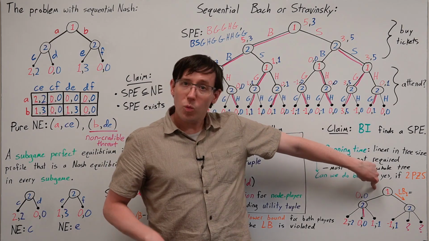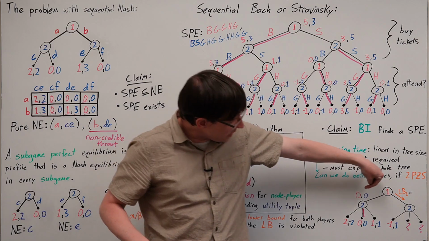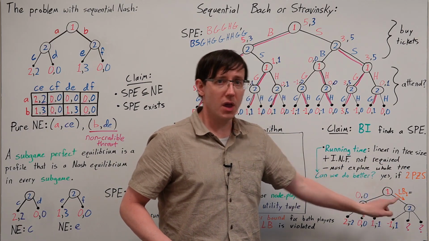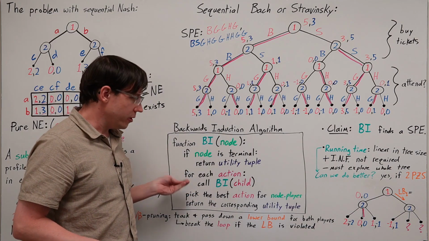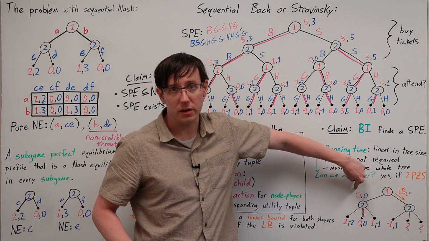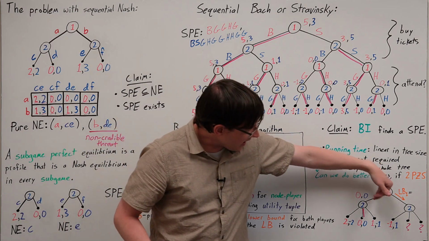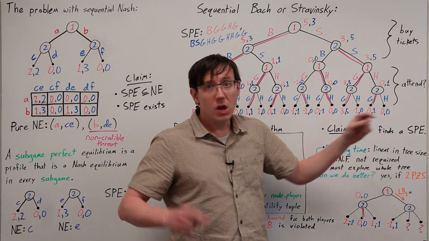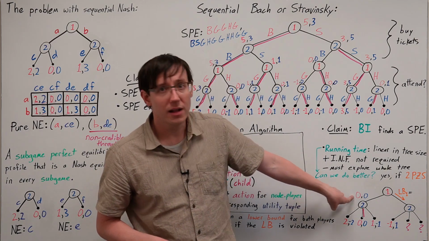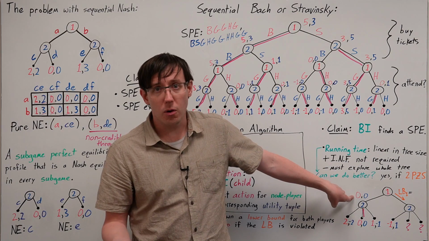And so now, when we are looping through the remainder of the actions available to player 1 at this node, we know that player 1 is going to pick the best action in terms of their utility, and so the actions that remain to be explored will only get picked if they can offer a utility that's better than 0.